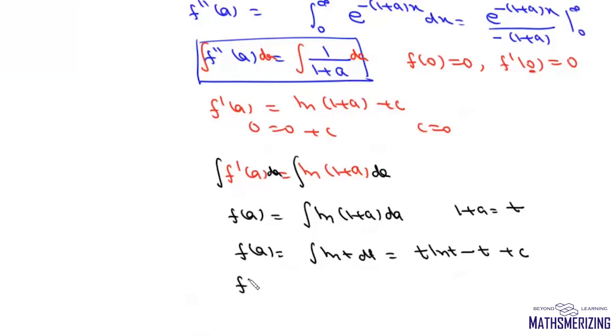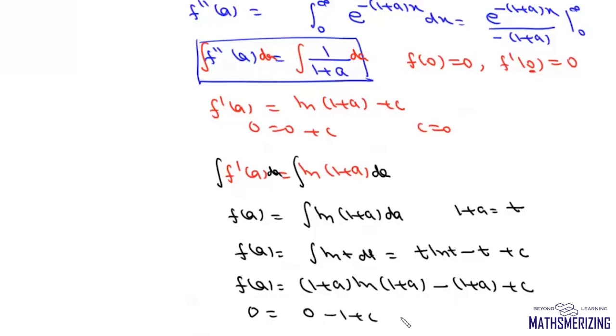So we'll write f(a) as, now t here is 1 plus a, so it will be (1 plus a) log(1 plus a) minus (1 plus a) plus c. Now if a is 0, it will be log 1 is 0 and then minus 1 plus c, that is value of c is 1.